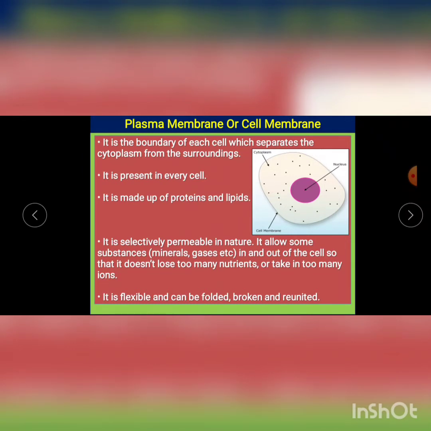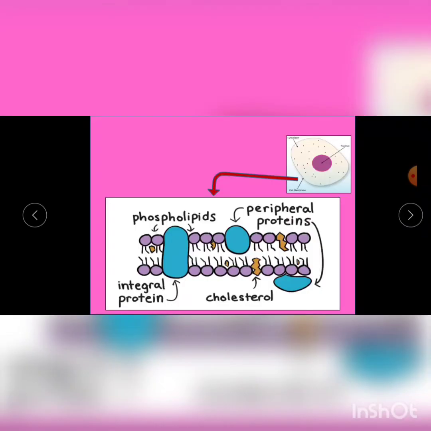So here in the case of amoeba, you can see the amoeba changes its body shape and it can elongate and fold and change its plasma membrane. So you must remember, plasma membrane is flexible in nature.